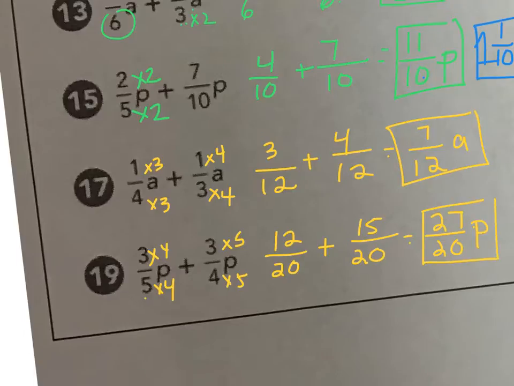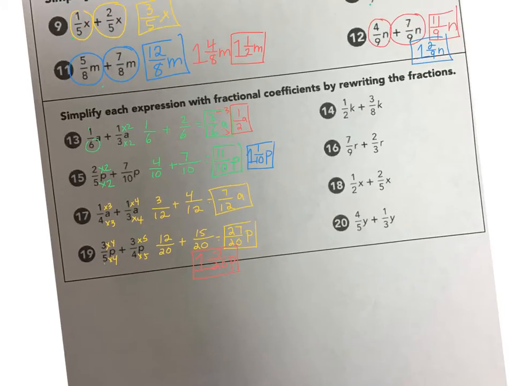That would be correct. I could also say 20 goes into 27 one whole time with 7 left over out of p.